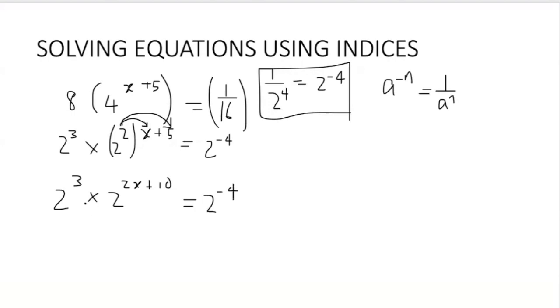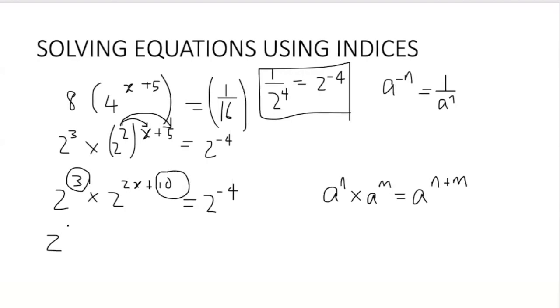Same base, multiplication. So we can apply the rule that says when you multiply, you add the powers. So a to the n times a to the m is equal to a to the n plus m. So here I write the base once, and I add the powers, but when I'm adding, I can only add the 10 and the 3 because they're numbers.